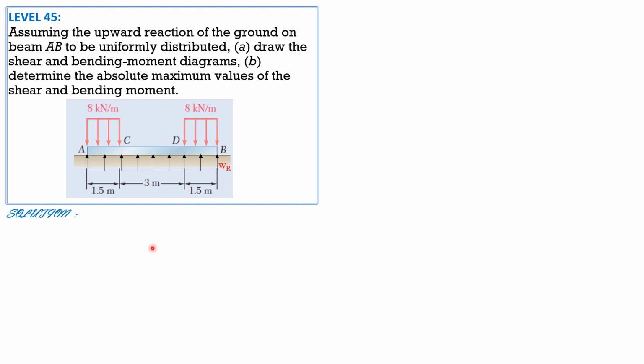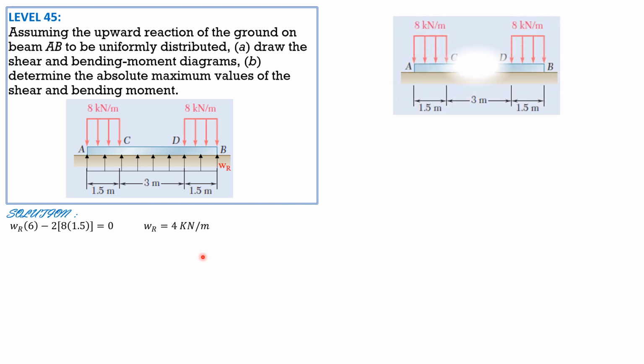So summation forces vertical equals 0, WR times 6 minus 8 times 1.5 times 2 equals 0. So times 2 because we have identical downward loading. So WR equals 4 kilonewton per meter. So we are now ready to sketch the shear force and bending moment diagram.